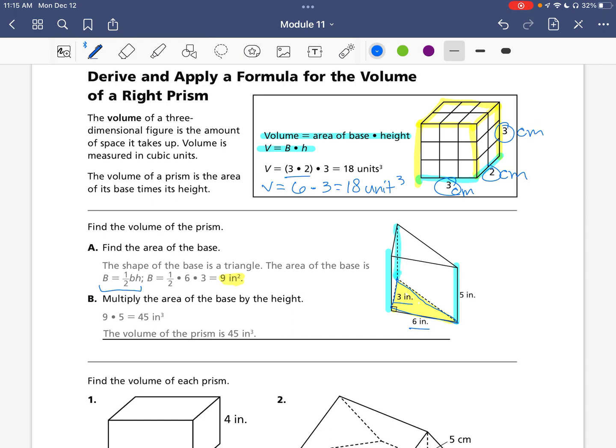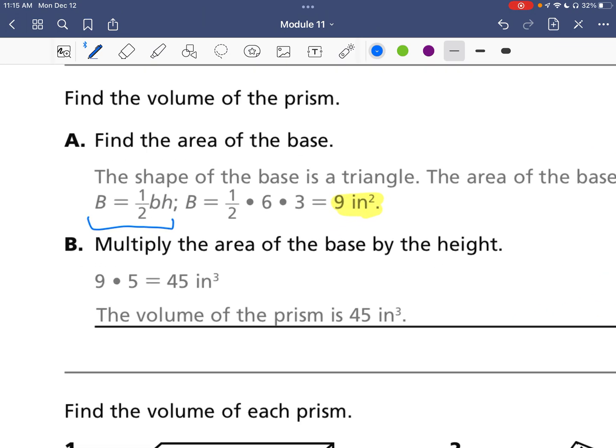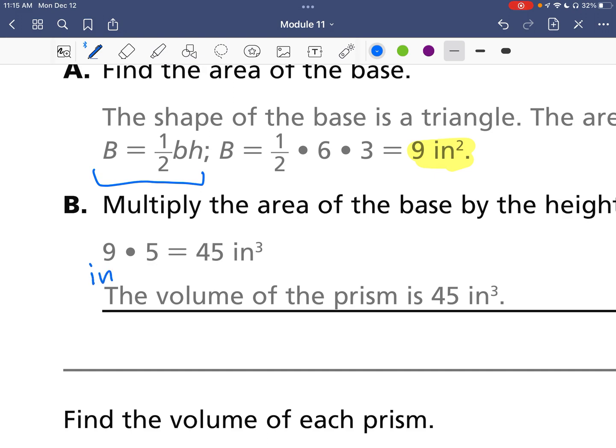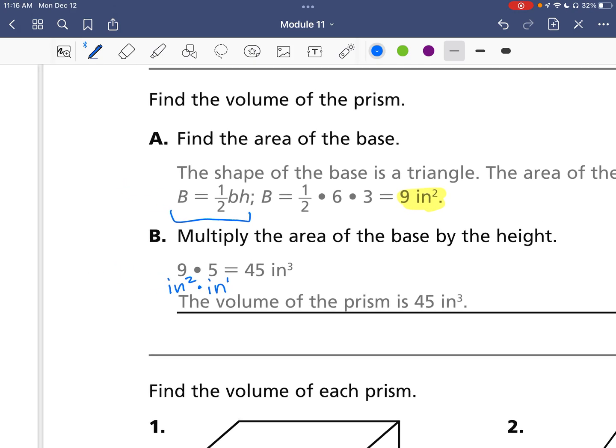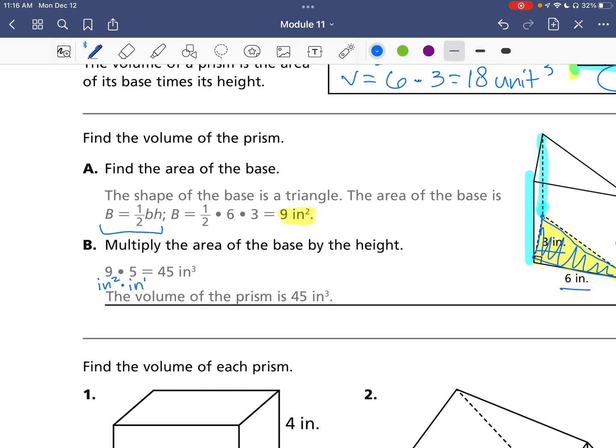Now, to find the volume, we need to multiply that bottom triangle by how tall it is. So we're going to do our bottom part here times our height. So 9 inches squared times 5 inches will give you 45 inches cubed.